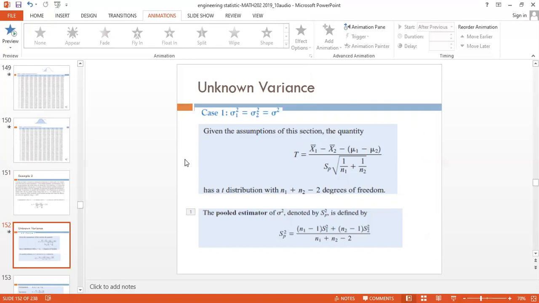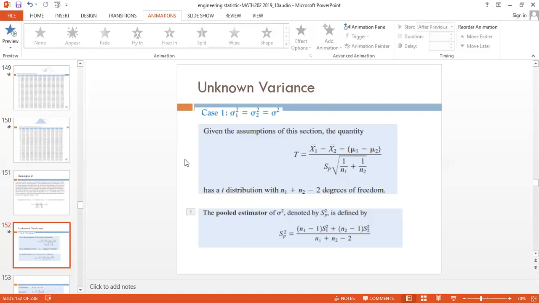The first case is where, even though we don't know the population variances, we assume that the two samples are coming from the same population, with equal variances, even though they are not known.